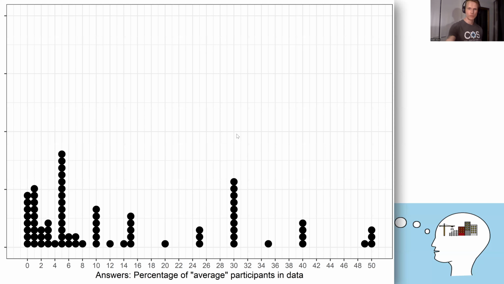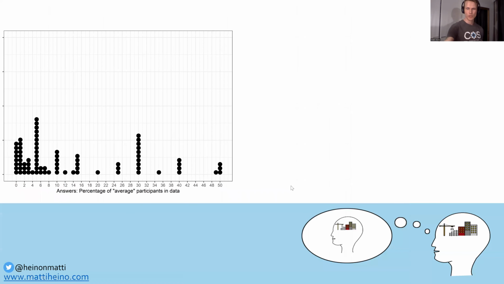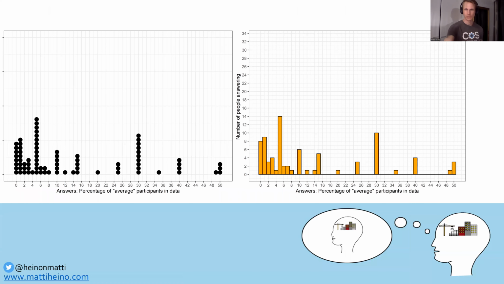So the more people, the higher the bar. For some reason, 30, for example, was a popular choice, as was this one here. Anyway, what's usually done with distributions is you present them in a histogram form. So these two are basically exactly the same.